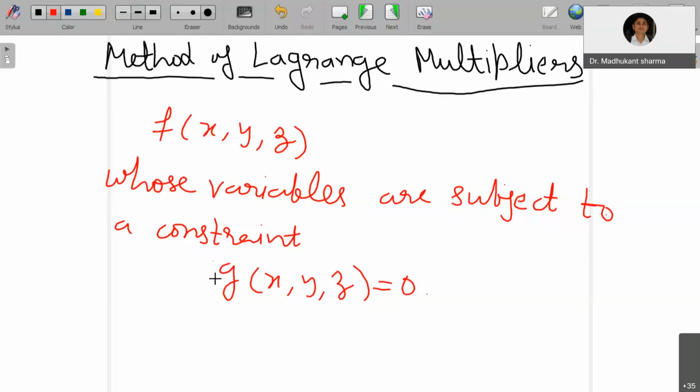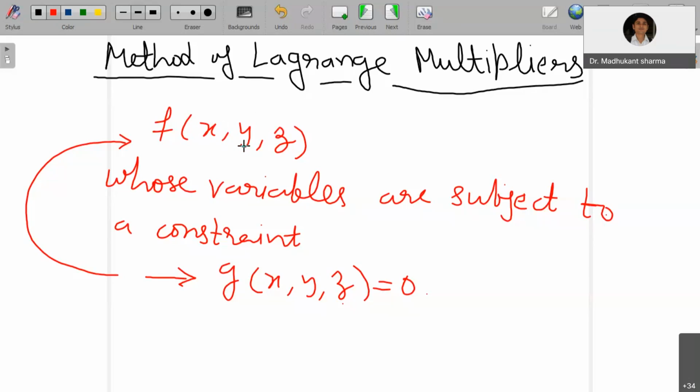Sometimes what people do is they treat z as a dependent variable, and x and y as independent variables. From here they express z in terms of x and y, replace it here and make it a function of two variables, and try to use the first derivative test and second derivative test and so on. But it will not work all the time.